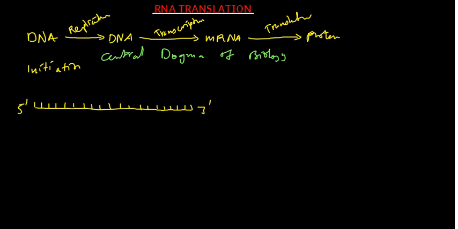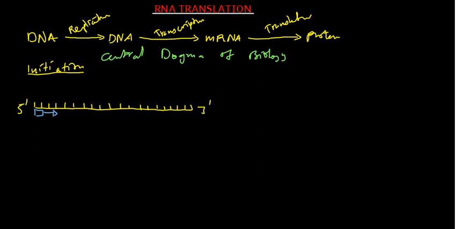For the process to start, it all starts with the small ribosomal subunits locating the 5' end. Immediately they locate the 5' end, they are going to start moving along the mRNA in the 5' to 3' direction.